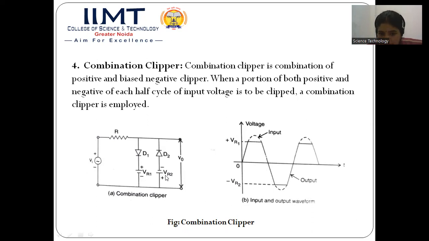And as long as we have the value of VR2, the battery voltage, greater than Vi, we will be getting the output. And once Vi exceeds VR2, then we will not get any output waveform. So this is how the waveform will look in the output corresponding to the input. So that was all about the combination clipper.